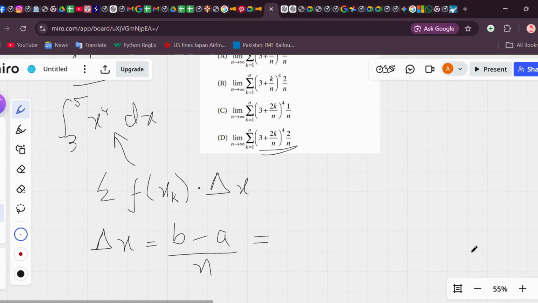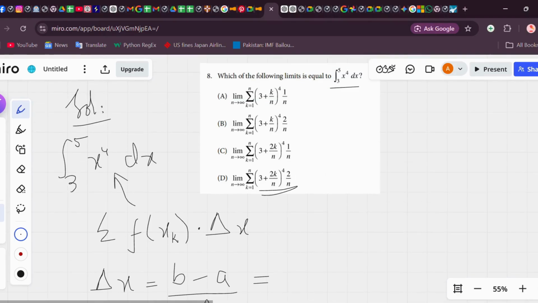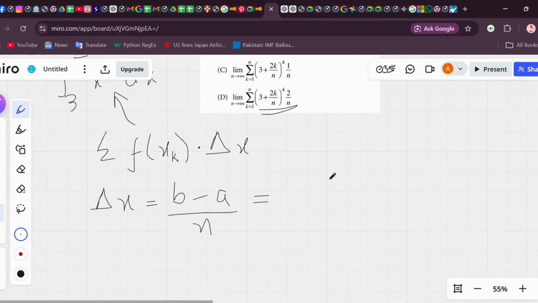So b is 5 and a is 3. So 5 minus 3 over n, which means delta x is 2 over n.